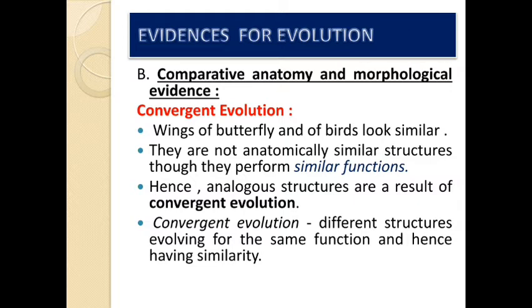The structure of the wings of a butterfly is different from the wings of a bird, and their origin is also different. So this is the meaning of convergent evolution: different structures evolving for the same function, and hence having similarity.